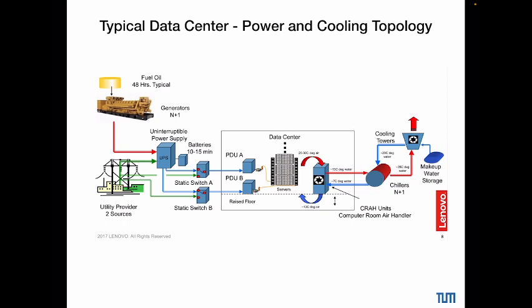So how do we get the heat from the racks out of the building? Typically there are multiple of these circuits. We have a heat exchanger here, which sucks in the hot air and then cools the air down, and the air flows back into the compute room. This heat exchanger is coupled through a water flow. We get in cold water here at 7 degrees, and it comes back at 13 degrees.